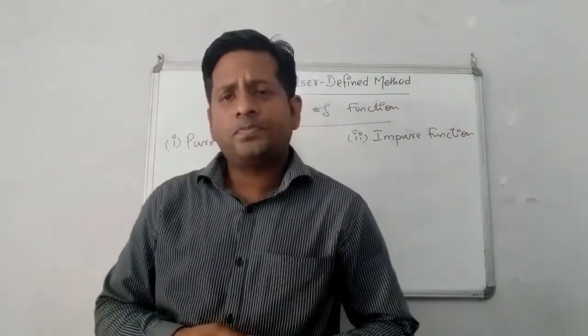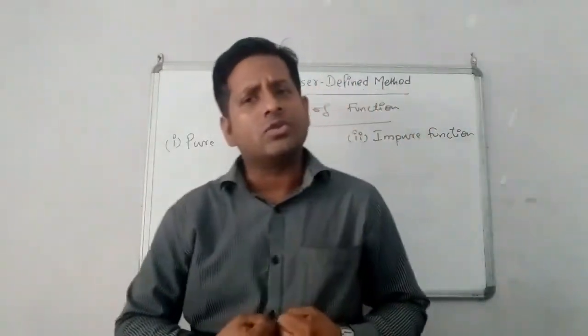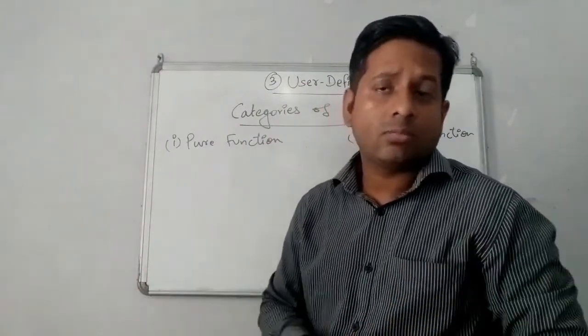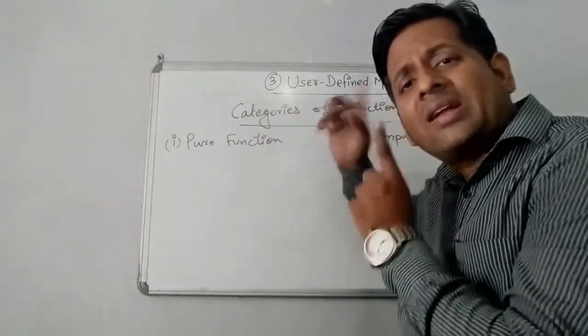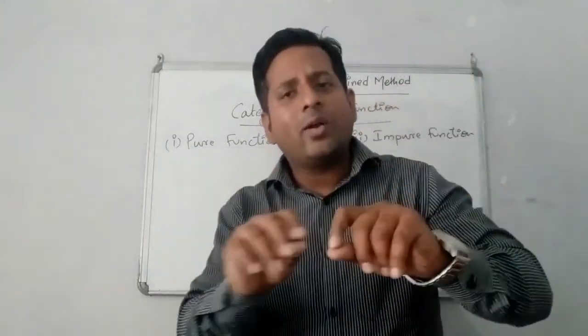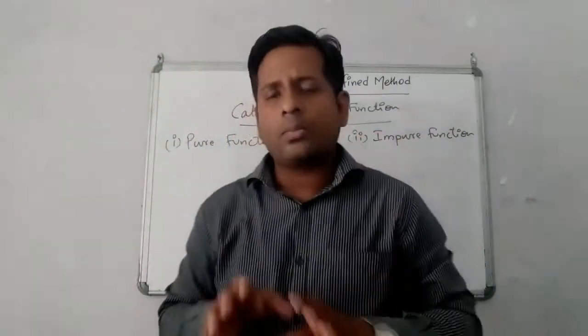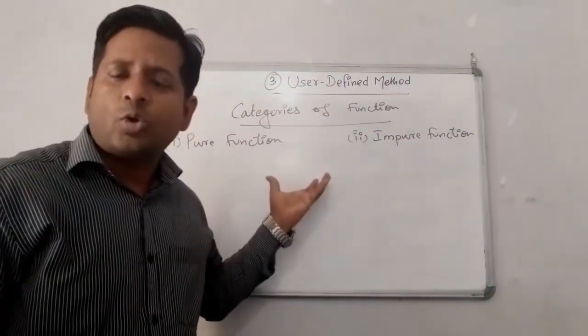Now see children, the next topic we will be discussing today is categories of functions. In short, you can say type of function also, no problems, almost same. But this is not that type which I wrote that time, that is user defined or inbuilt. They were actually how we write the functions, but the actual type is this one, or you can say categories of functions.